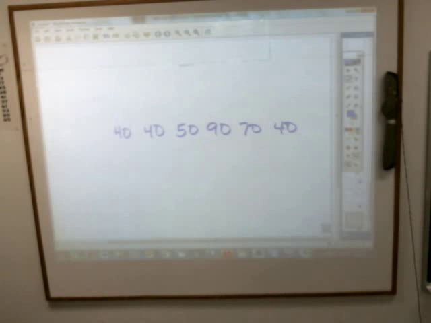Why would you be wrong if you told me the middle number? Maggie? When there wasn't a middle number, you were supposed to find the average of the 2 middle numbers. But you'd still be wrong. Anybody know why? Brooke? Because their other middle numbers aren't the same.